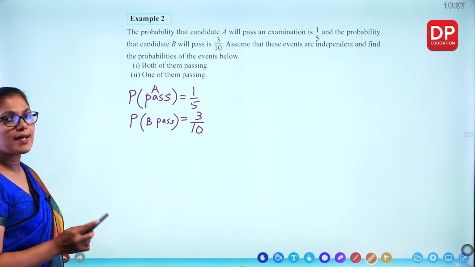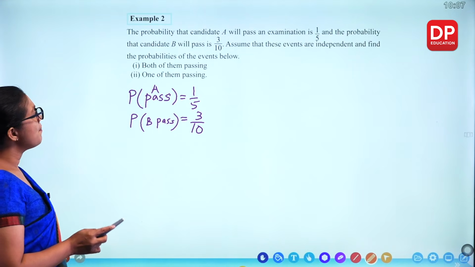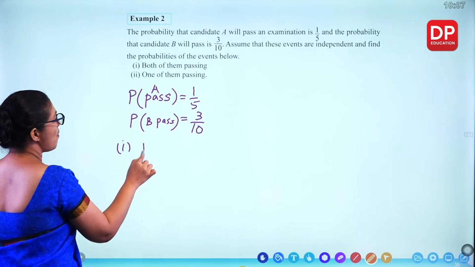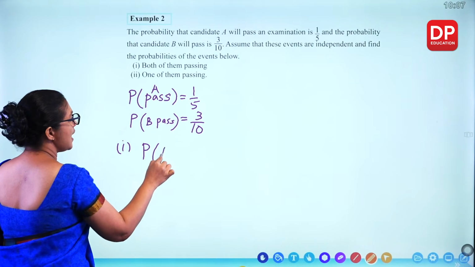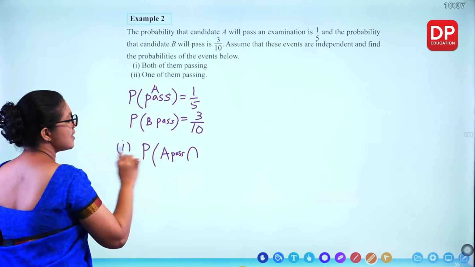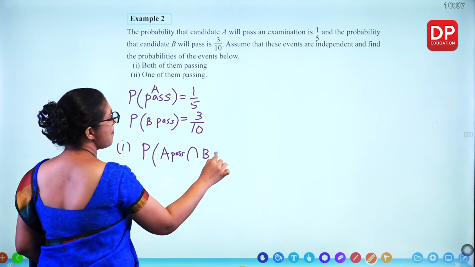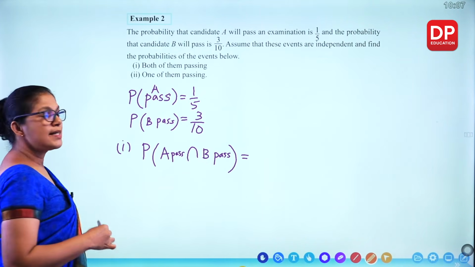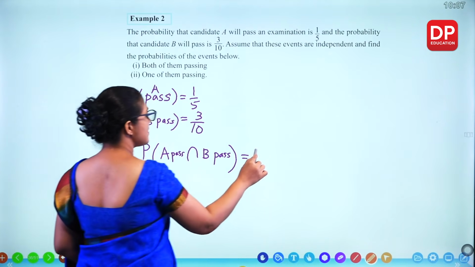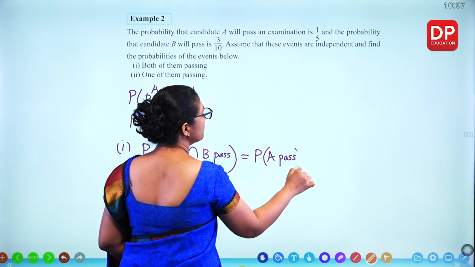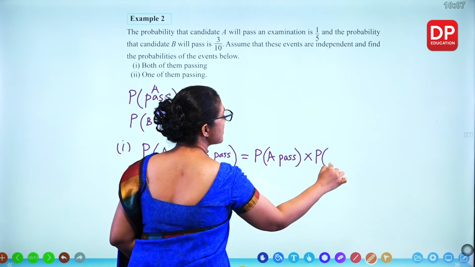Both of them passing. Both of them passing means you are asked to find probability of A pass and, which means intersection, B pass. If the two events are independent, straight away we can write this as probability of A pass into probability of B pass.